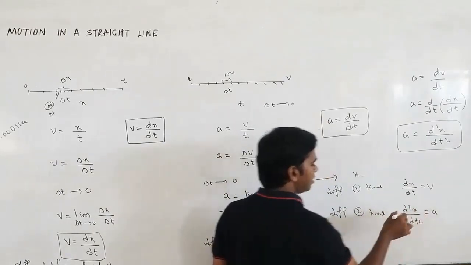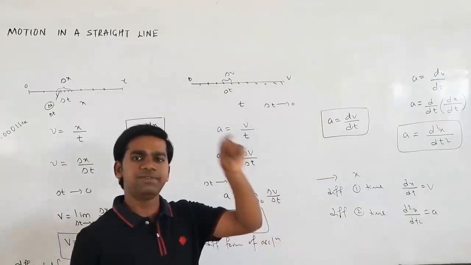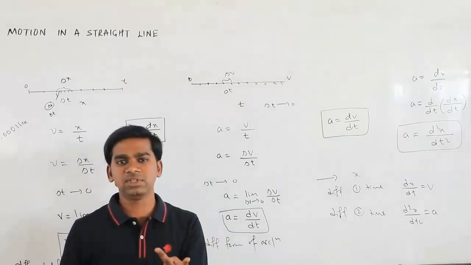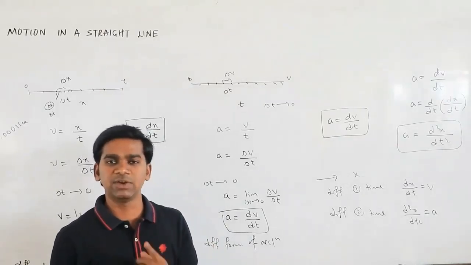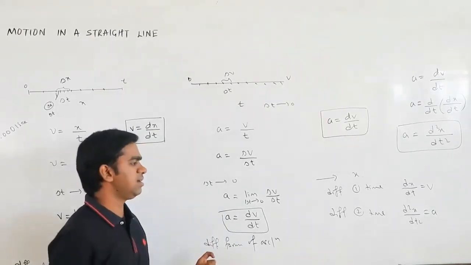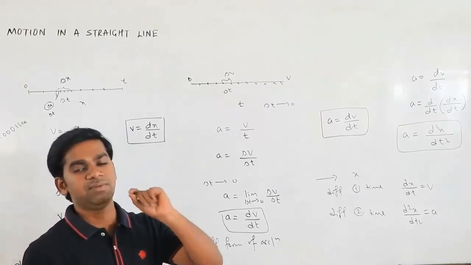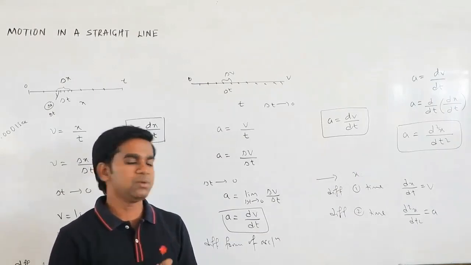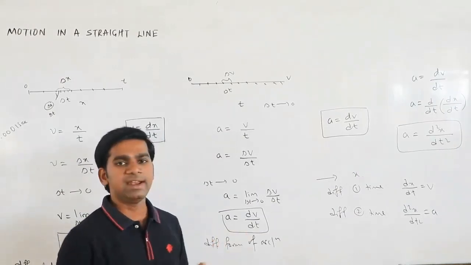That is acceleration. If you differentiate x one time, you get velocity. If you differentiate x two times, you get acceleration. This is how you can calculate the velocity or acceleration when it is a continuous function of time. Now we have to discuss how we can differentiate.